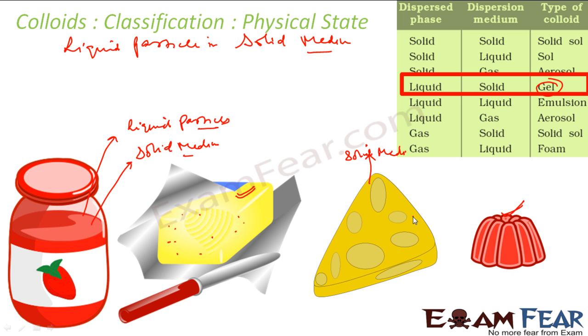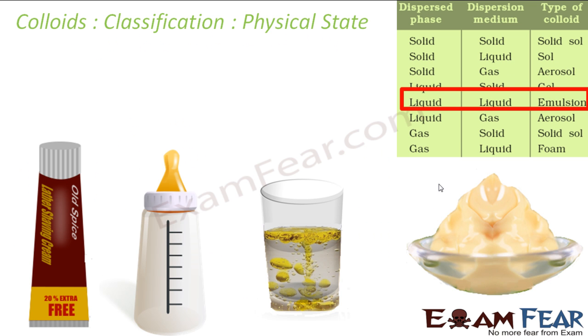But the particles here are almost similar to the milk particles. They are liquid particles actually. So this is a good example where I have liquid particles in the solid medium, called gel.